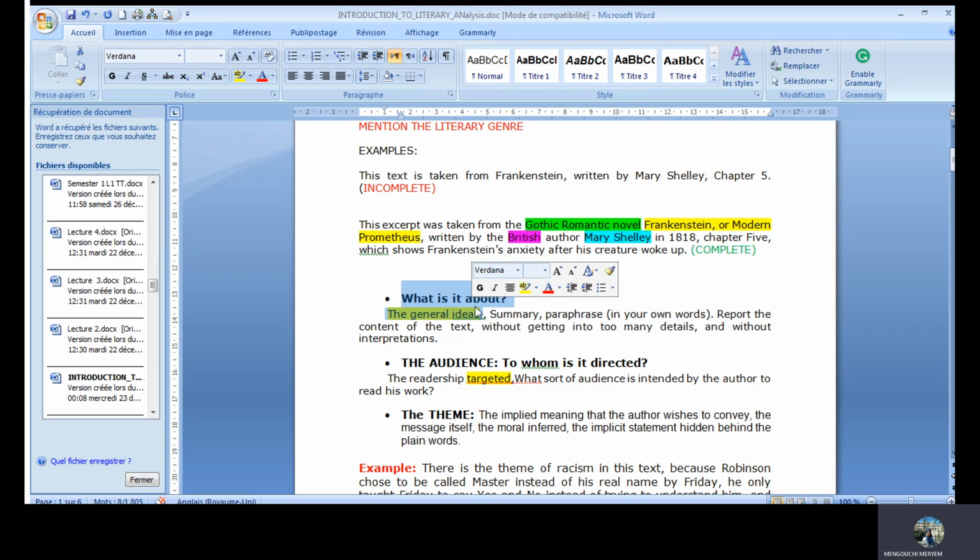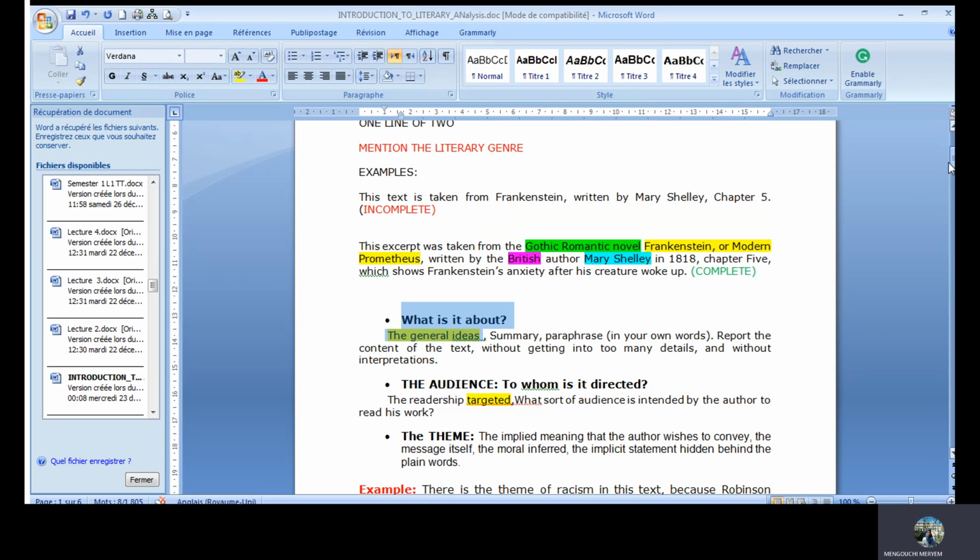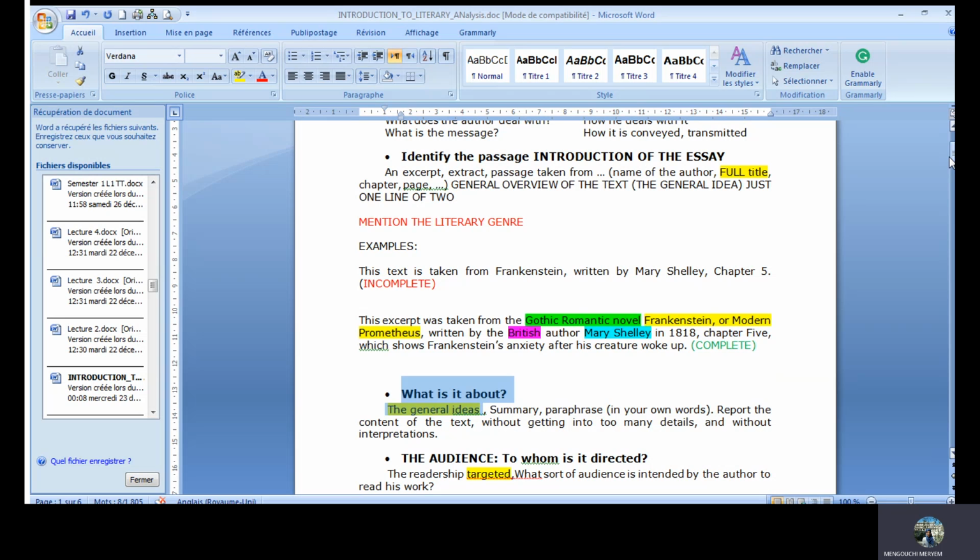I told the students that they had to provide a very brief idea in the introduction, as usual. And in the exam, we asked them to explain the general ideas of the text. And they confused the general idea of the introduction with the question, explain the general ideas of the text.